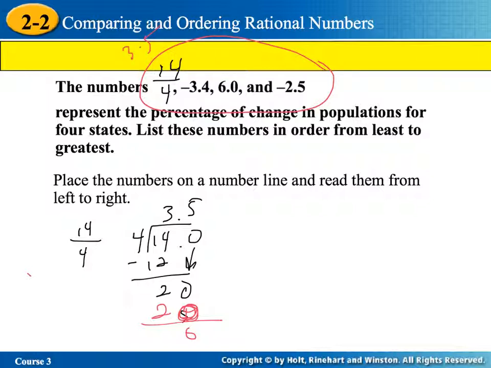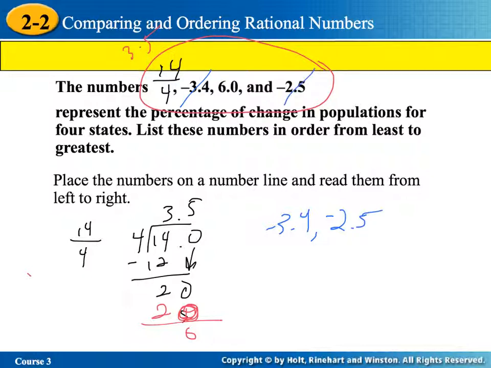So now if I look at these, I need to compare these. Okay, think about a number line, which would be farthest to the left on a number line. Farthest to the left, the smallest number. Well, again, negative 3.4. Farthest to the left on my number line. Then, following that would be a negative 2.5. Now I have 3.5 and I have 6.0.